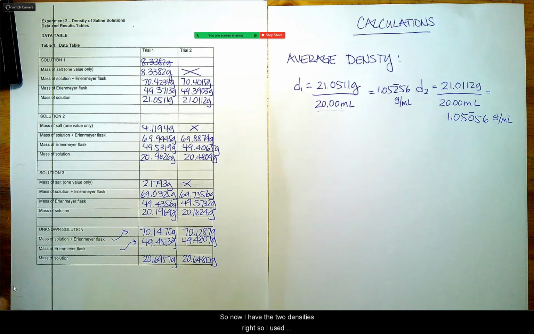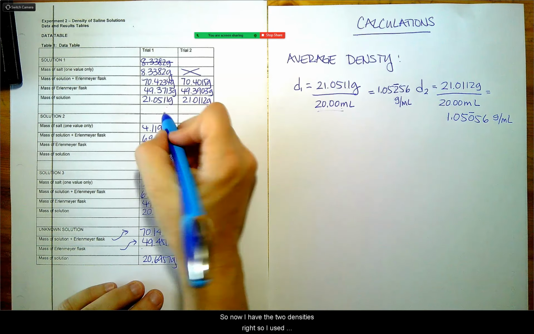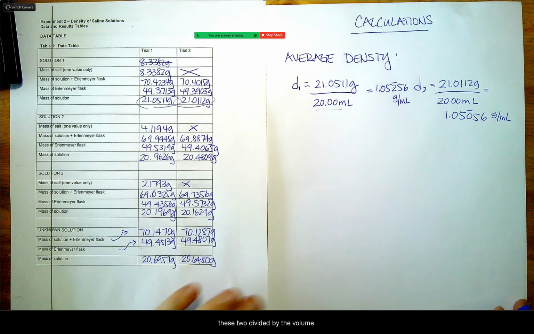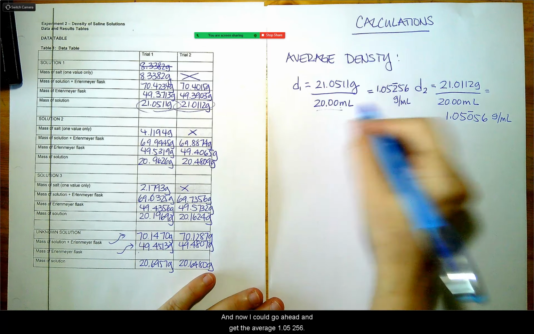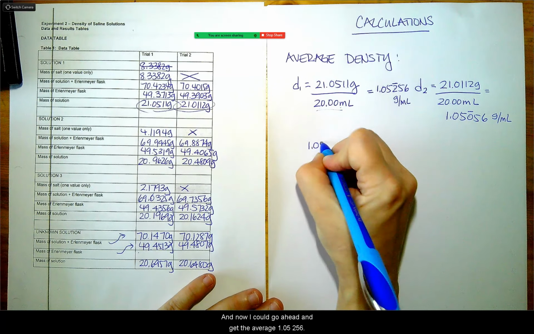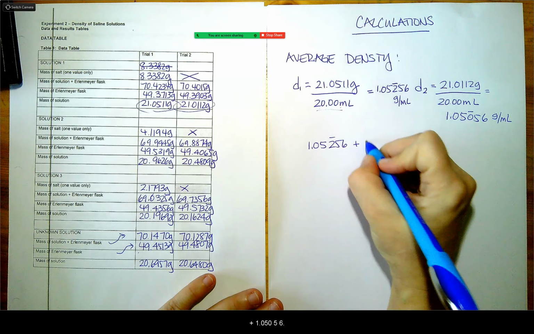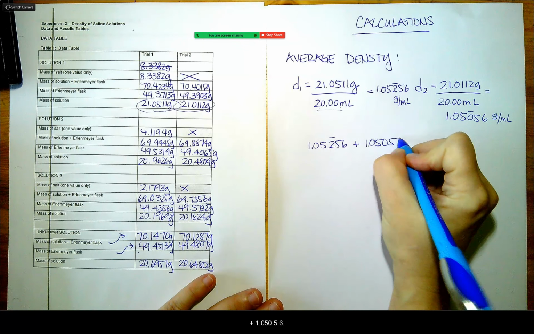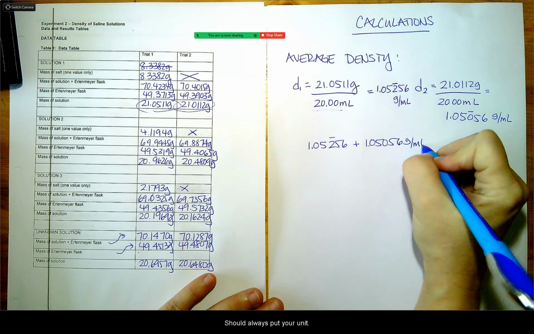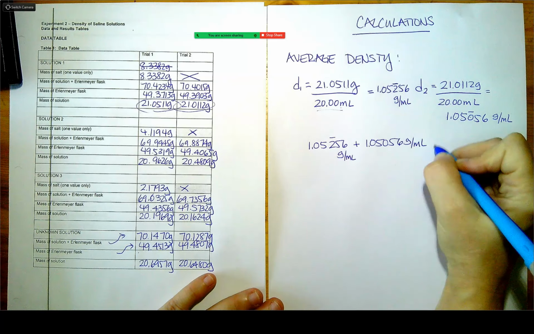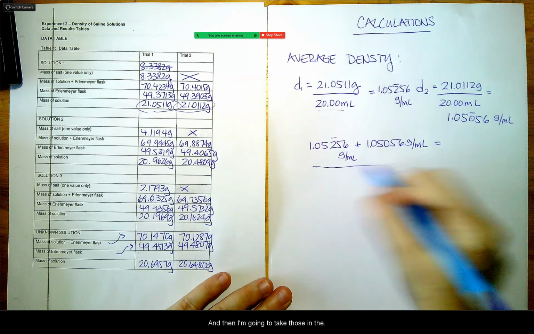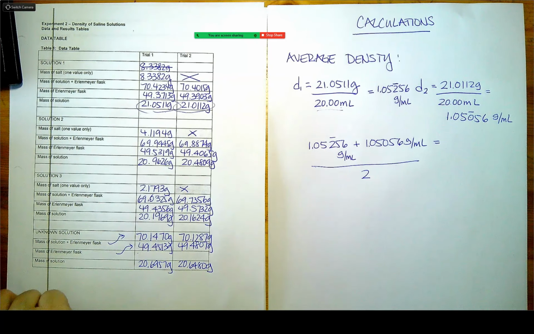So now I have the two densities, right? So I use these two divided by the volume, and now I could go ahead and get the average, 1.05256 plus 1.05056. Make sure to always put your units. And then I'm going to take those and just divide by 2, right?